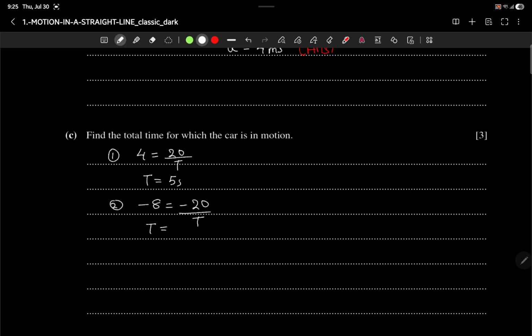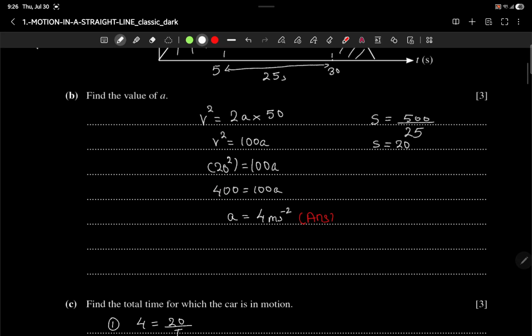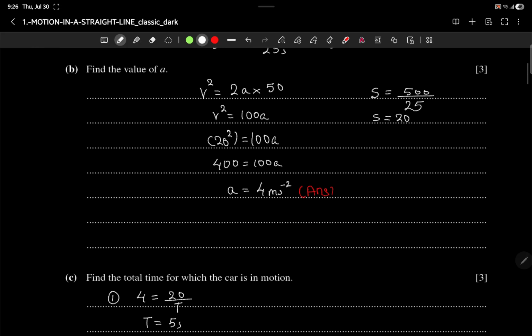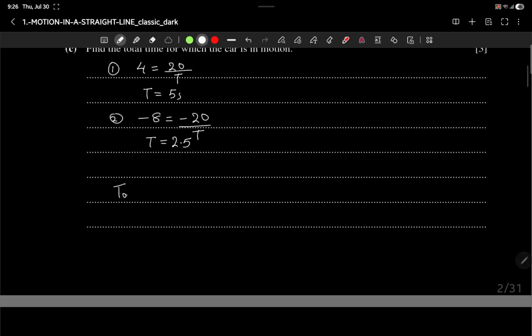So t is going to be 2.5 seconds. That means 30 plus 2.5, that means this is going to be 32.5. So the whole time is going to be 32.5 seconds. Right. So total time, 32.5 seconds.